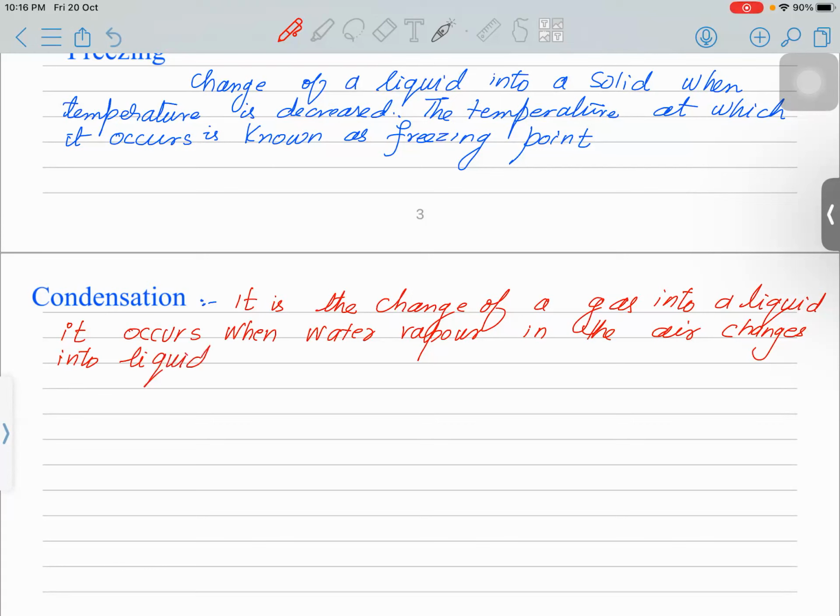Dew forms, right? Liquid water, this is called condensation. When it comes in contact with a cooler surface.